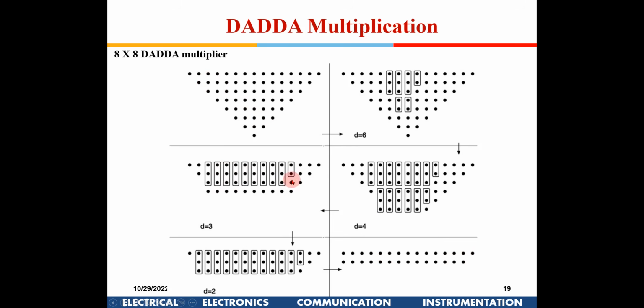This is slightly better than the Wallace tree. But if you see here, for 8 into 8 bit, there will be 4 stages and one full adder stage which will be required. So that is one way of doing it. This is known as Dadda multiplication.